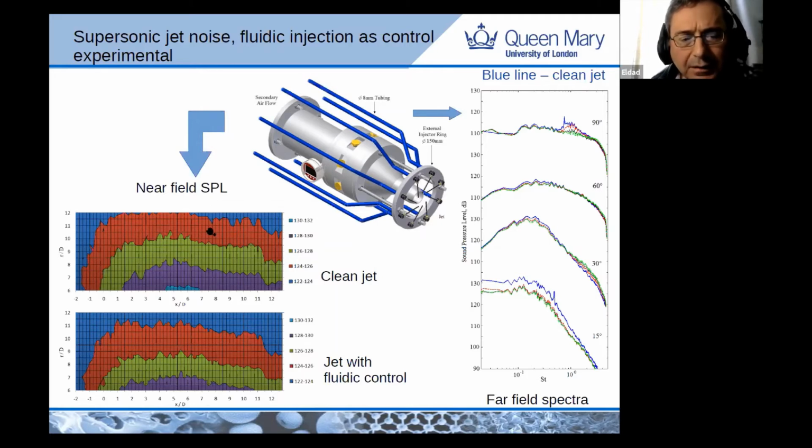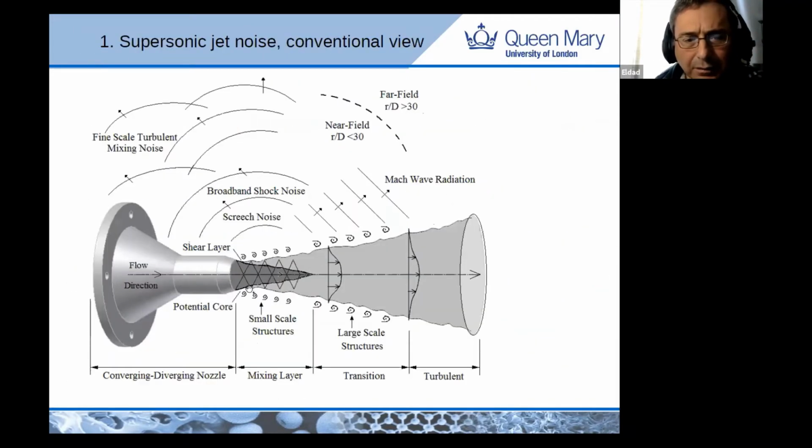And this is the near field SPL and the far field, near field SPL for the clean jet and with fluidic control. We can see there is a reduction because we reduced the mixing region. The mixing region is over here. This is the mixing region here.